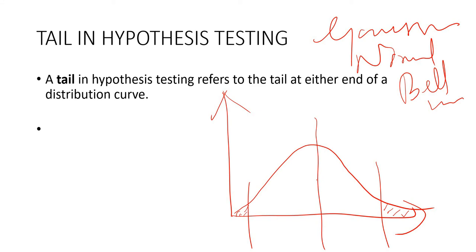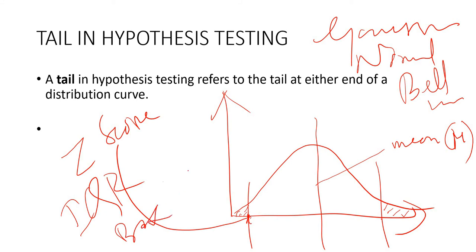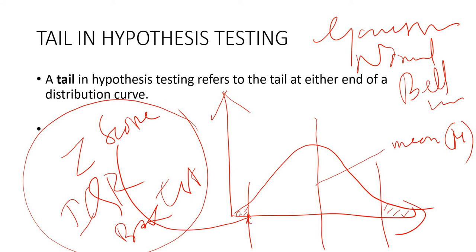This central point we call the mean. It is denoted by the Greek letter mu. You are familiar with this. How do we get the critical points? These points are based on the Z score. Here we will use the Z score or IQR score, the interquartile range, or box test, the whisker test. For detecting outliers, we use all these scores: Z score, IQR score, box test or whisker test.